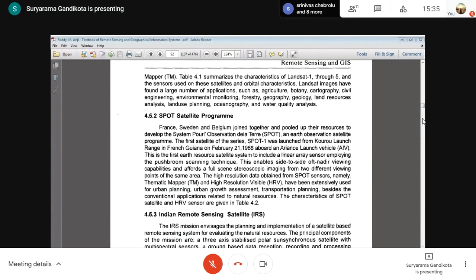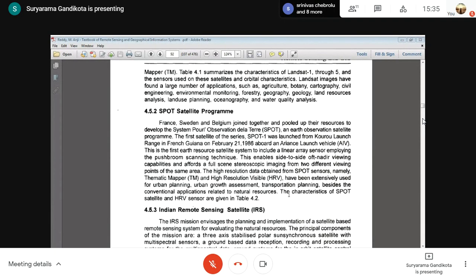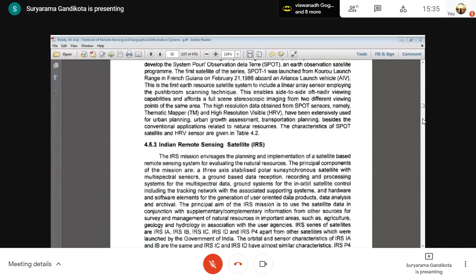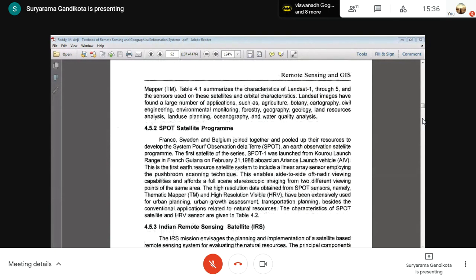There is a table given here in which the characteristics of Landsat 1 through 5, the sensors used on these satellites, and their orbital characteristics are listed.